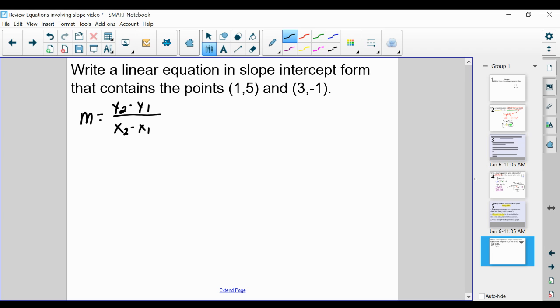So let's identify what our x sub 1, y sub 1, x sub 2, y sub 2 are. My first coordinate point is going to be x sub 1, y sub 1. Second coordinate point will be x sub 2, y sub 2. Now we're going to replace these numbers into our slope formula.